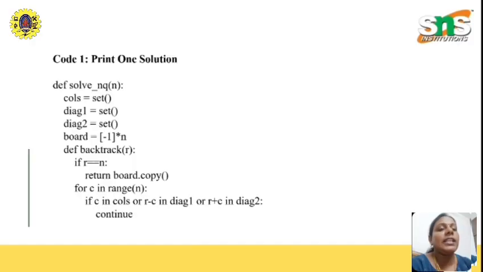So we must do the backtracking operation. We define backtracking with R: if R is equal to N, we can move to the main part of the algorithm.